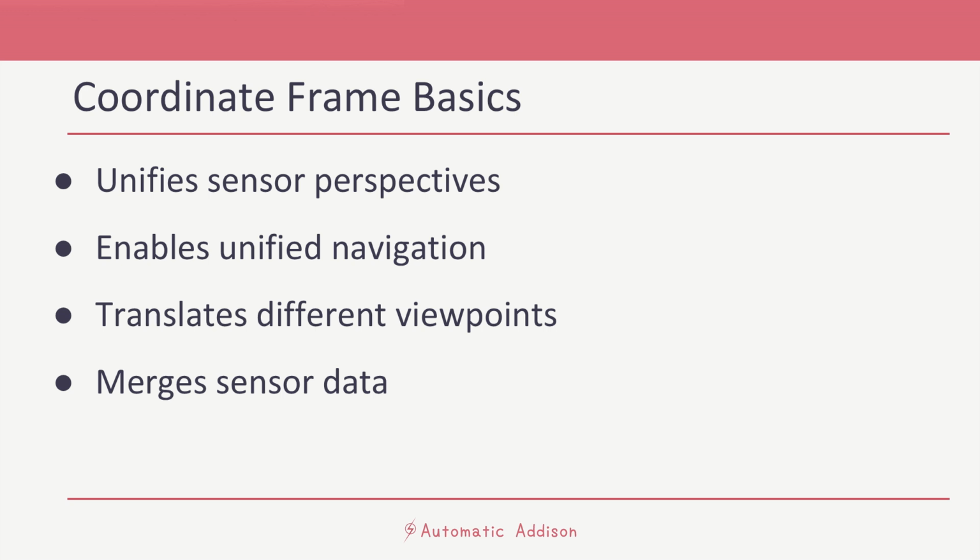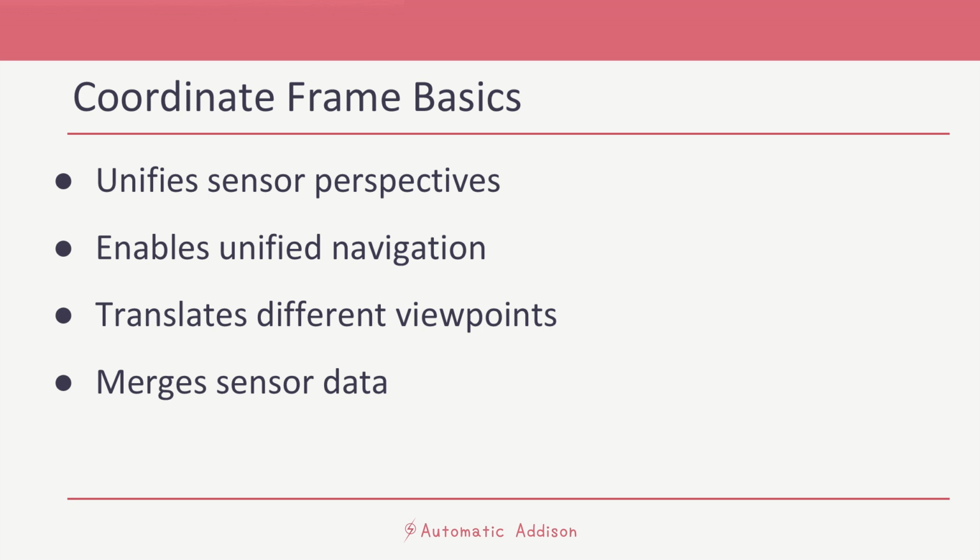They act as a translator, converting the information from each sensor's unique perspective into a shared language, the robot's base coordinate frame. Now, by expressing the LiDAR and depth camera data in the same coordinate frame, the robot can effectively merge the information and create a unified obstacle map of its environment.